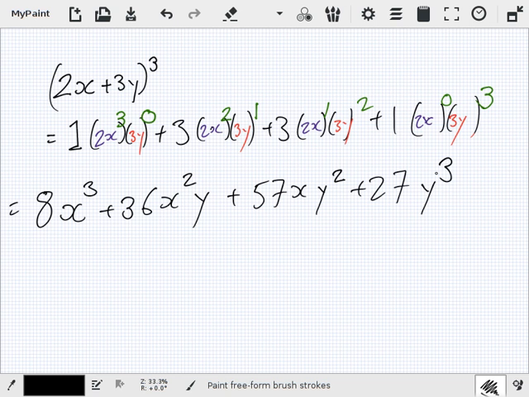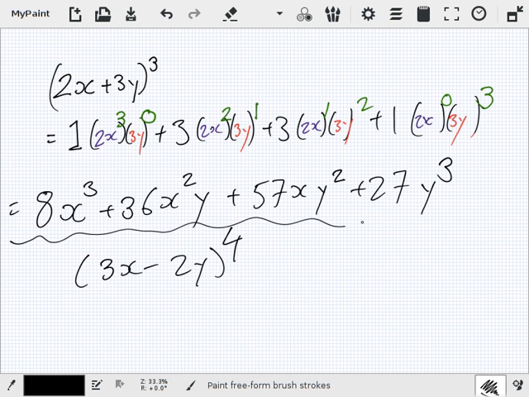Yeah. Now I'll do another one, but before I do it, I'll just give you a moment to try it. So let's make it a little bit similar. Let's say 3x minus 2y power 4. Try that.